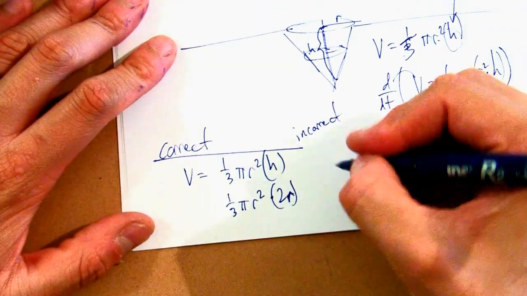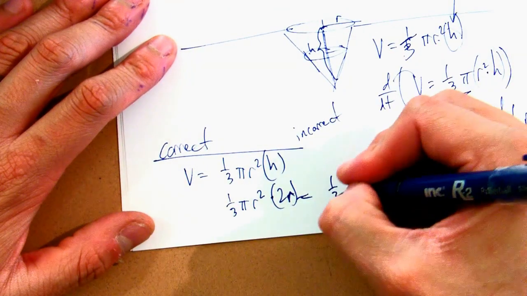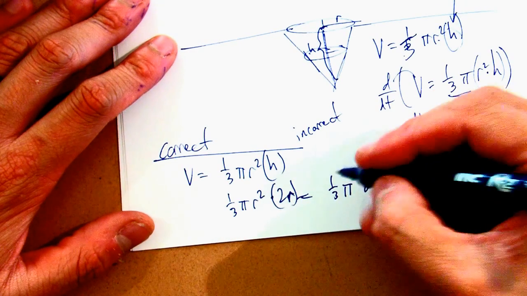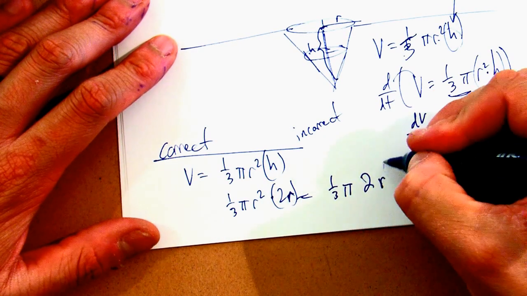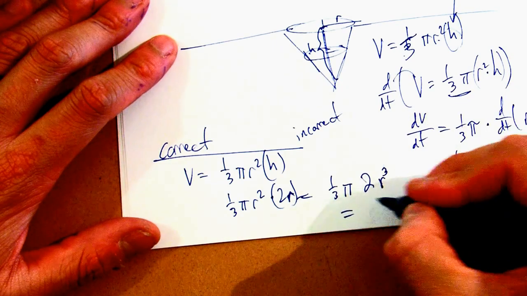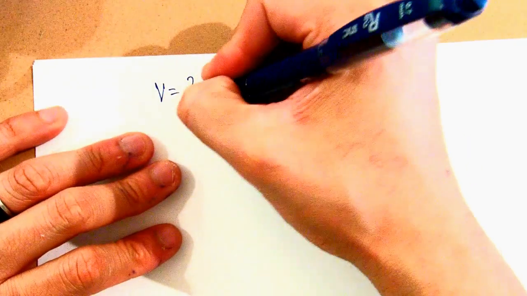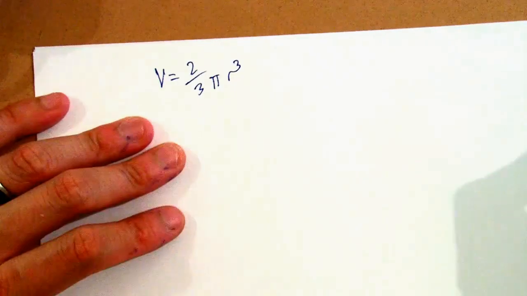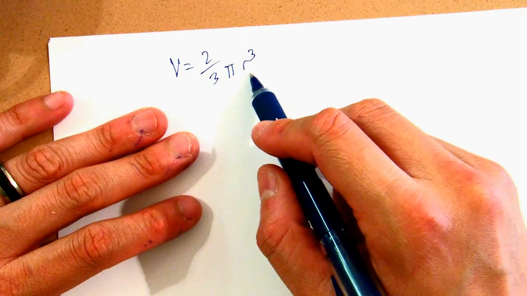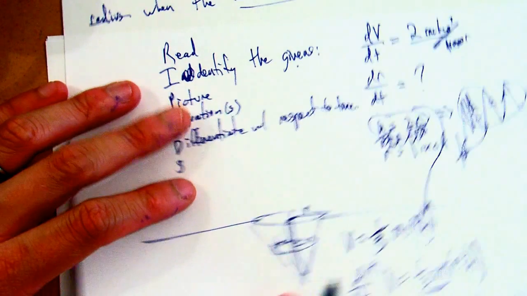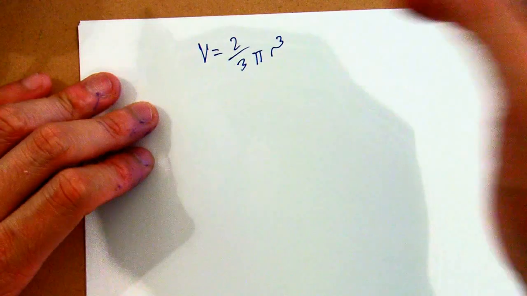Now I'm going to rewrite this, so I get 1/3 pi 2 r cubed, which gives me 2/3 pi r cubed. So V is 2/3 pi r cubed. Now I have it just in terms of one variable, and I'll be able to use everything I have to find the answer.